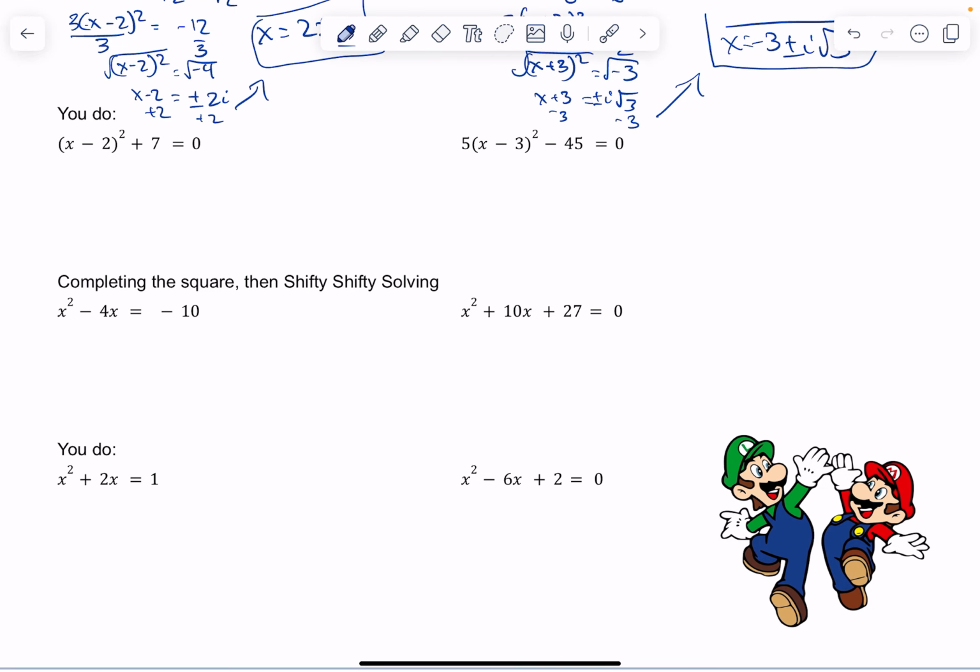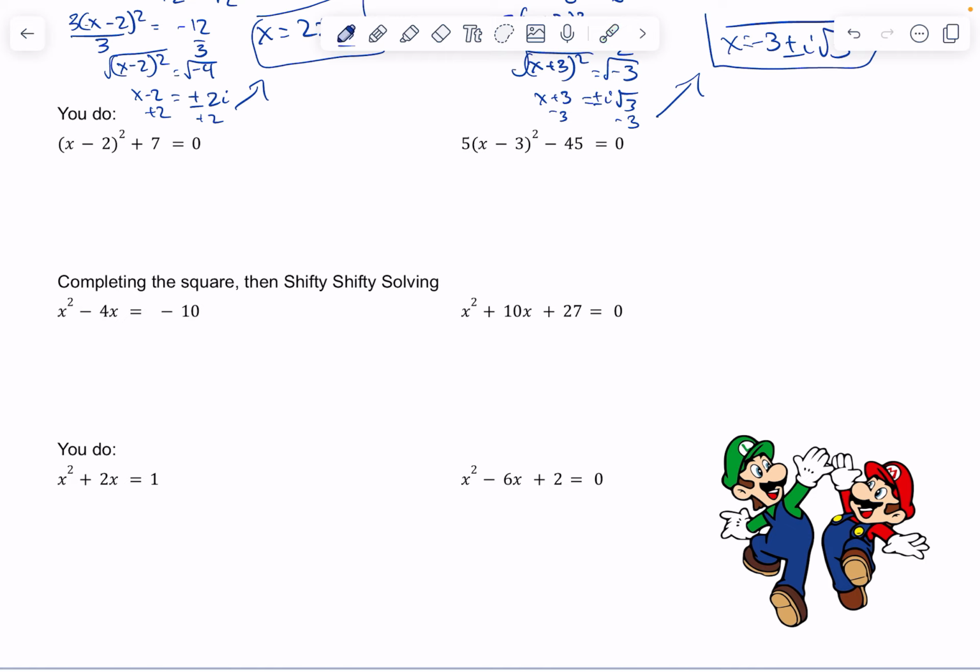Completing the square. Then shifty solutions. So if you have your equation already set up very much like this, or quite frankly, if your middle term is even for me and you have no coefficient for the leading coefficient a, so basically it's 1 and this is going to be an even number, I would complete the square.